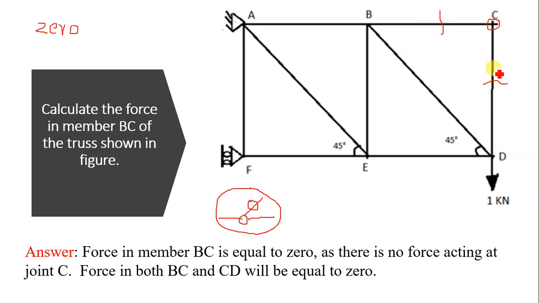If two members are connected at a joint and joint is not carrying any external force, then force in each member is equal to 0, and hence the answer of this question is force in member BC is equal to 0, because BC is a zero force member, as well as force in member CD is equal to 0. So in this way we can answer the question. No need to solve the problem using either method of sections or method of joints.